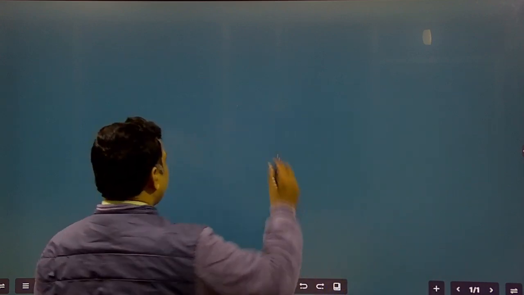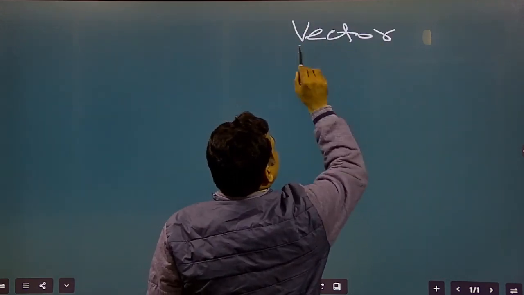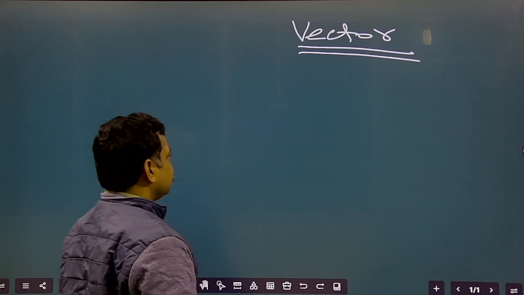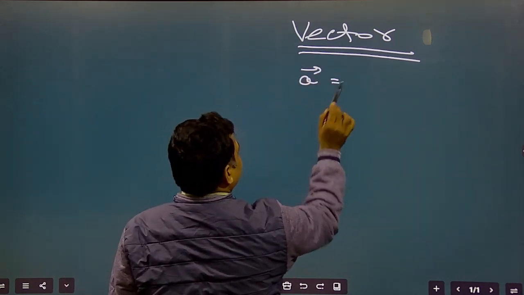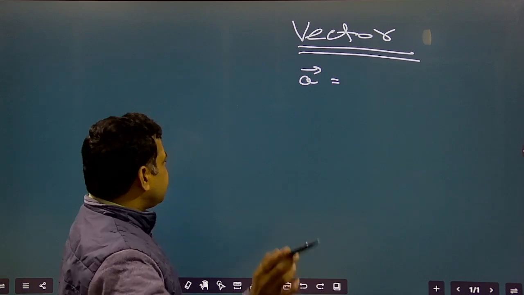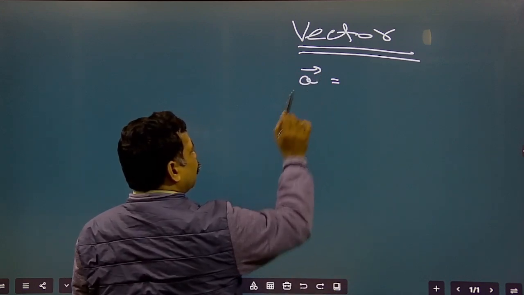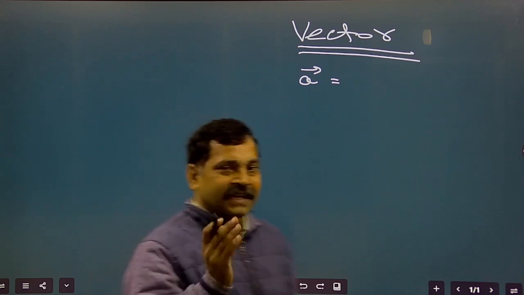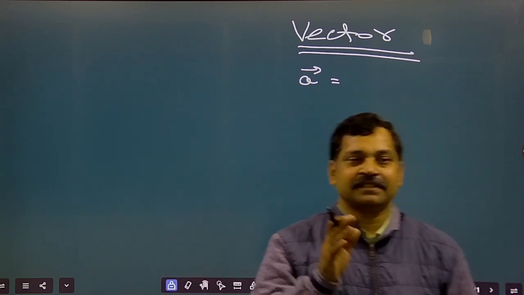So a vector can be represented by any English alphabet. Suppose I am writing A is a vector. It is represented by an English alphabet with an arrow on it. It has two parts: one is magnitude, another is direction.